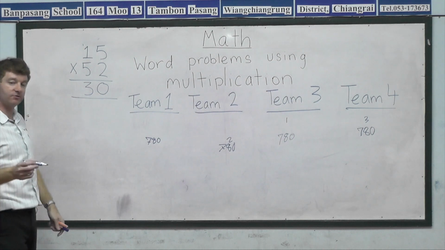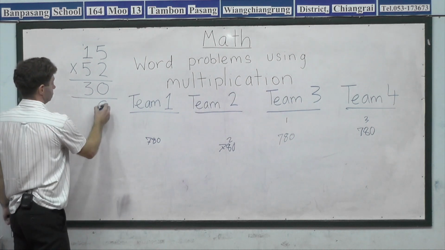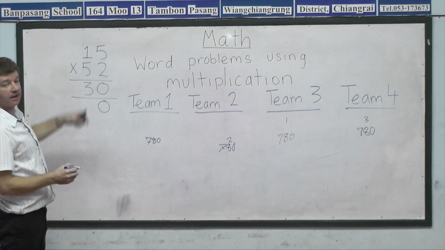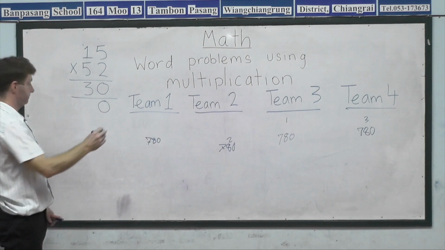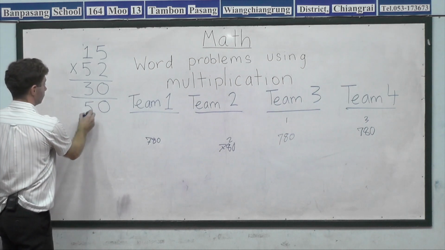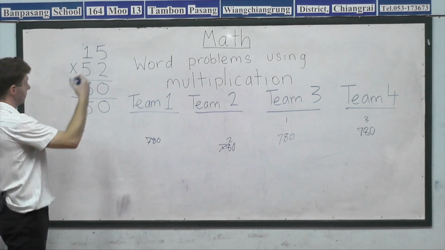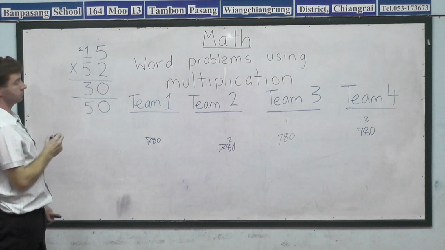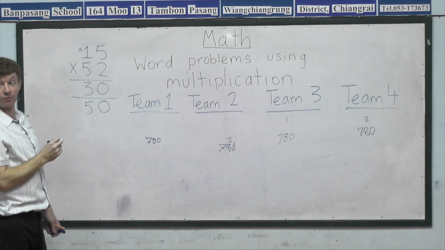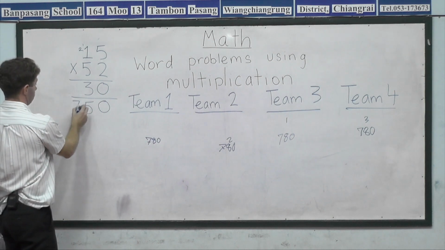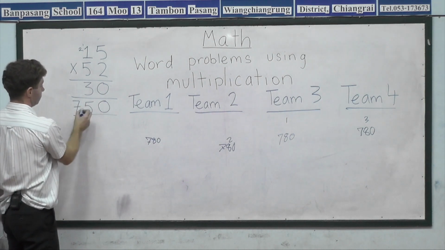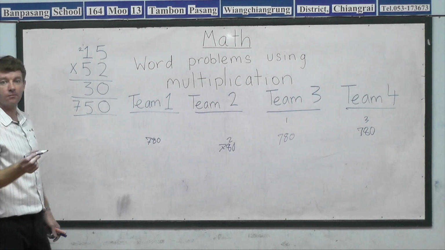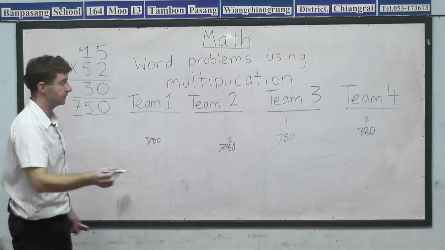First thing to do for step 2? 0. 5 times 5. So I write 5, and what do I do with the 2? Carry. 5 times 1 plus the 2. Okay, so what's our answer for step 2? 750.